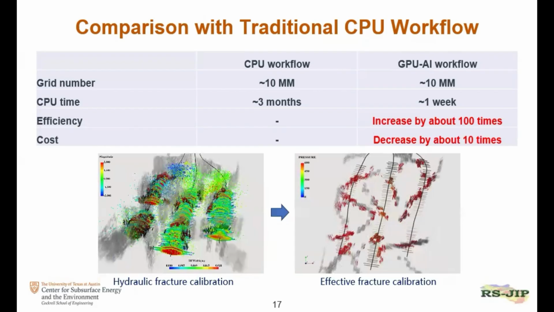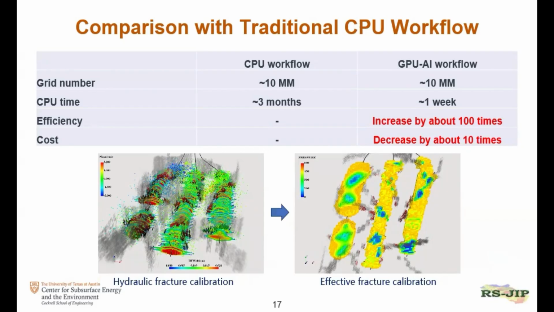And when we compare this AI GPU powered workflow with the traditional CPU workflow, if we consider a 10 million grid number model, usually our GPU AI workflow is able to finish in about a week if we scale up this reservoir model to about 10 million grid blocks.